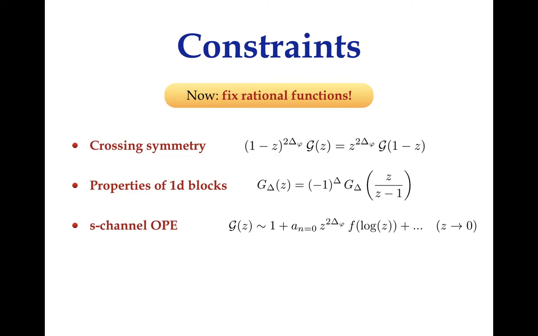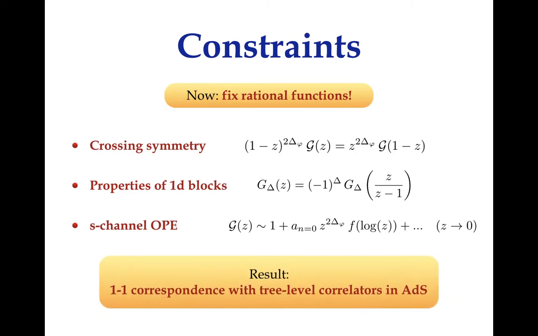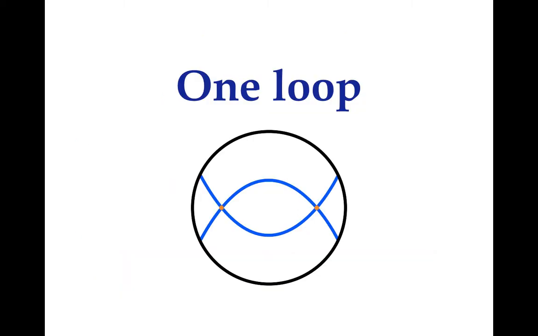And this allows to fix completely the rational functions up to some free parameters that are not random, but they are exactly in one-to-one correspondence with tree-level correlators in AdS2. This result is not surprising, but it's encouraging, and this is why we can try and push our method to the next perturbative order, which is one loop.